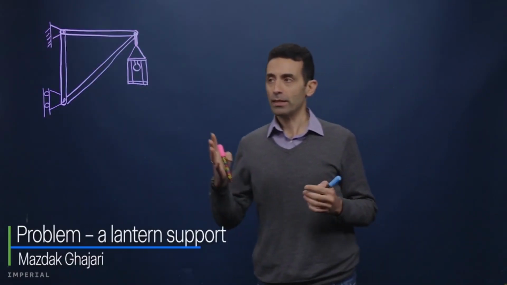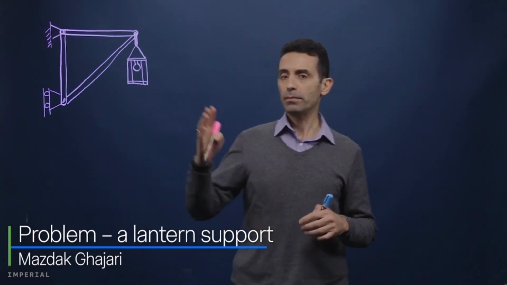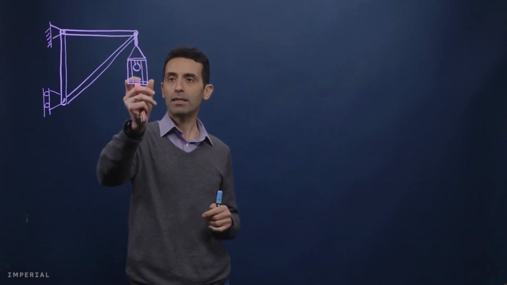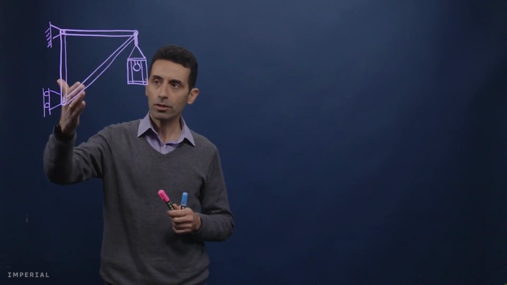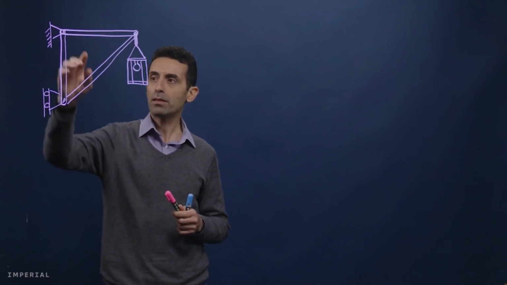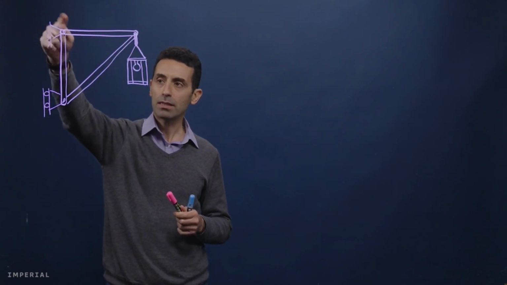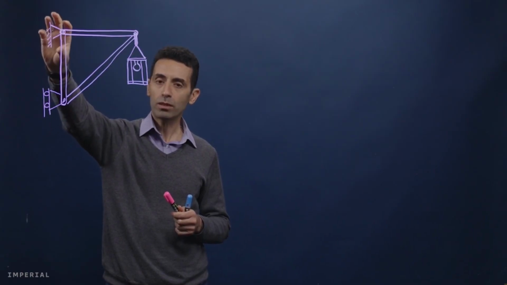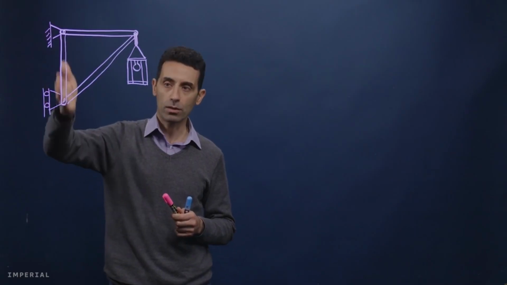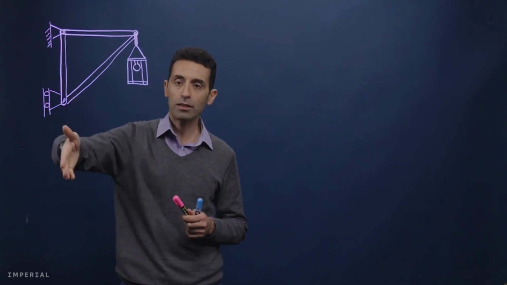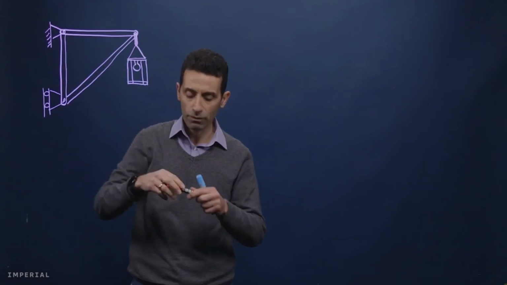Okay, let's look at this problem. Here we have a lantern that we are hanging from this truss structure. The truss structure is made of 3 truss members. At this location, you can see that this is supported, what we call a simply supported boundary condition, and here is a roller support, so essentially there is freedom to move in the vertical direction.